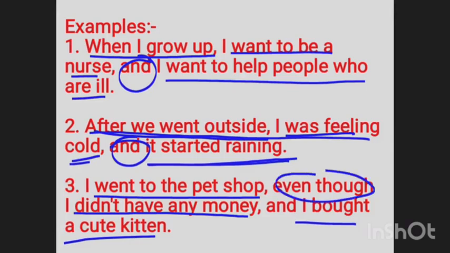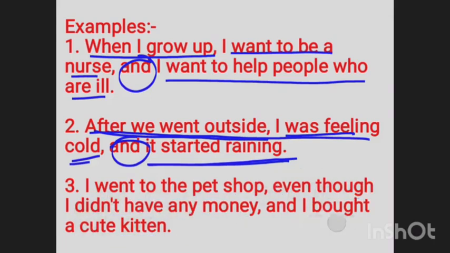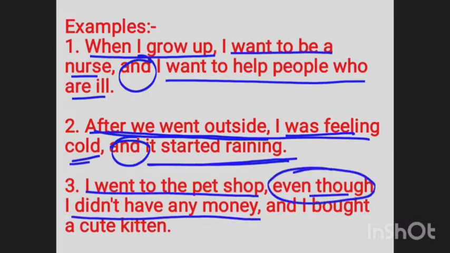And here we have "even though," which is the subordinating conjunction. I told you earlier, if you are joining a dependent clause to an independent clause, we use the subordinating conjunction. So right here we have a dependent clause joined with an independent clause using the subordinating conjunction.